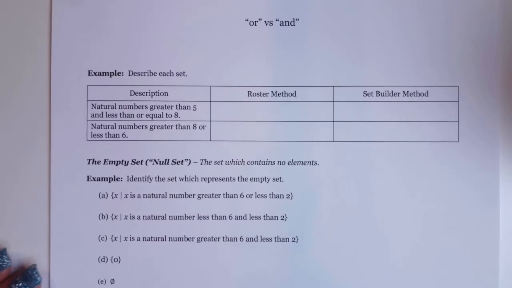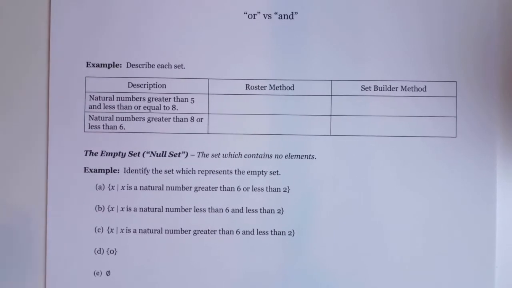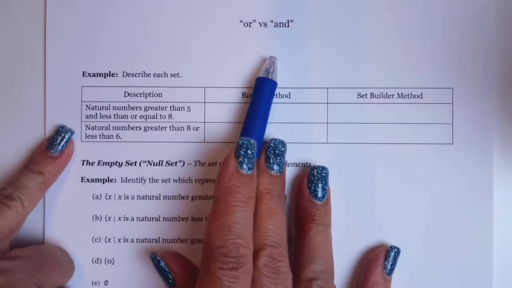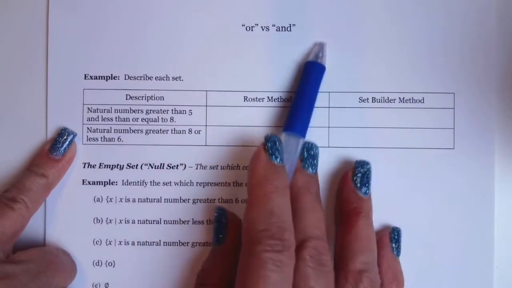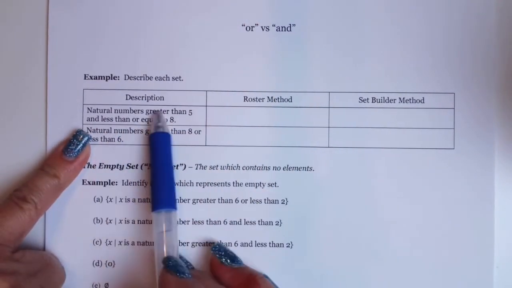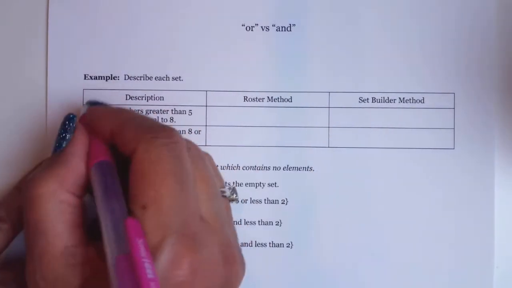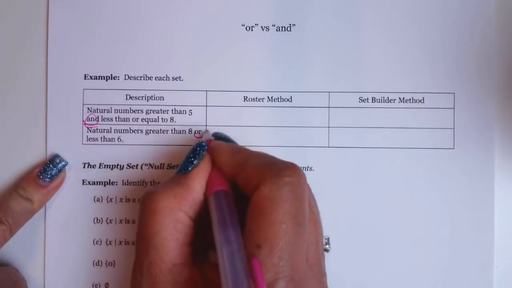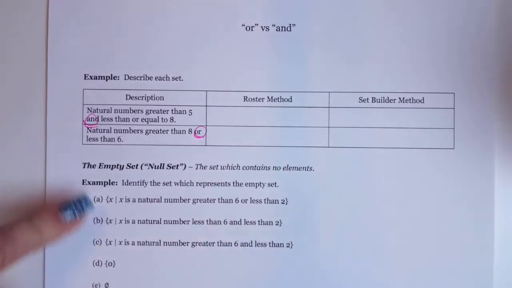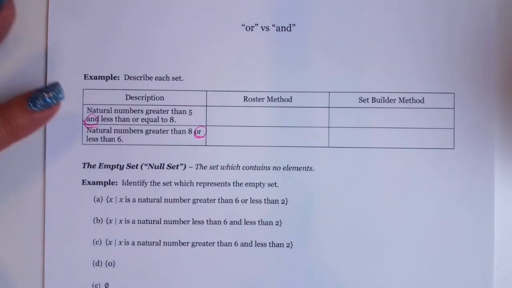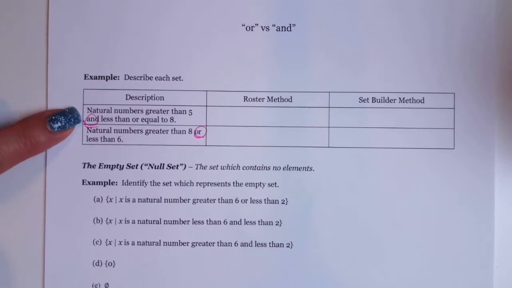Let's look at the examples first. Basically they're going to describe and or or for us. So if you're looking at the description, this one has and and this one has or. So our first description, and now you can see that this is a full word description.